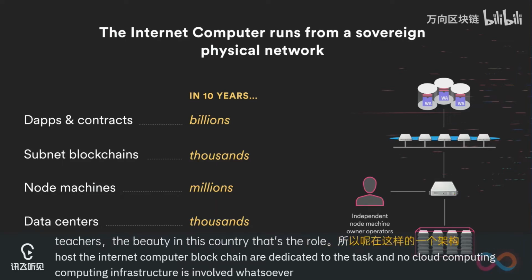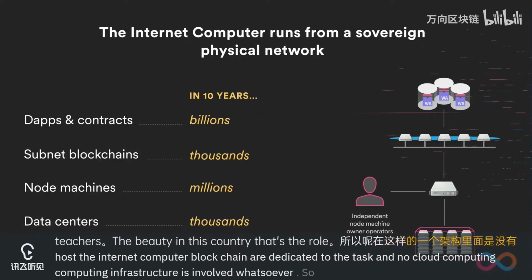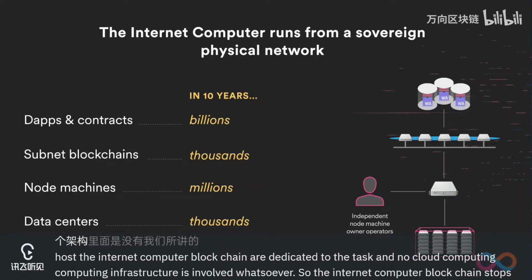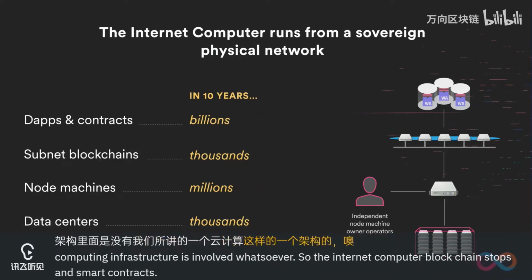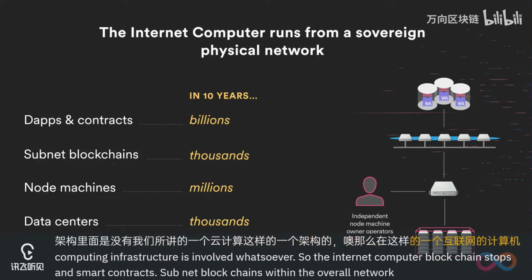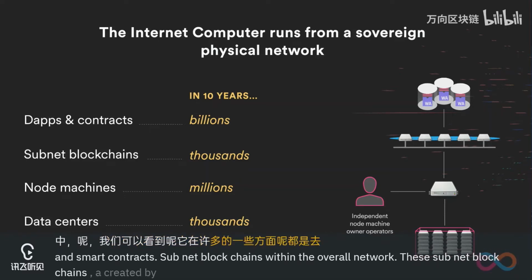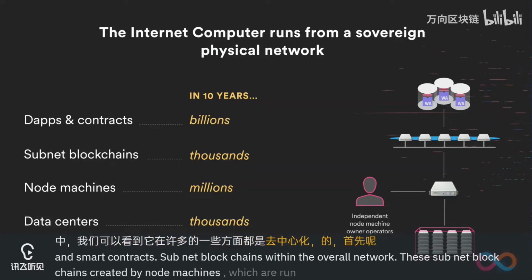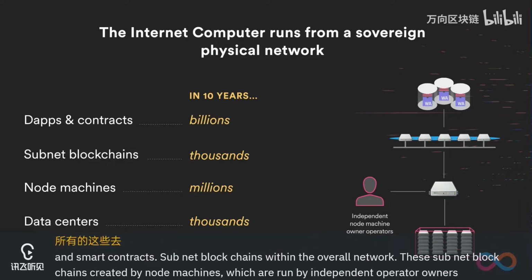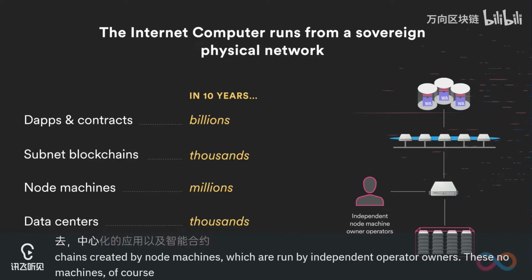So the Internet Computer Blockchain hosts dApps and smart contracts on subnet blockchains within the overall network. These subnet blockchains are created by node machines, which are run by independent operator owners. These node machines, of course, are situated within independent data centers around the world.